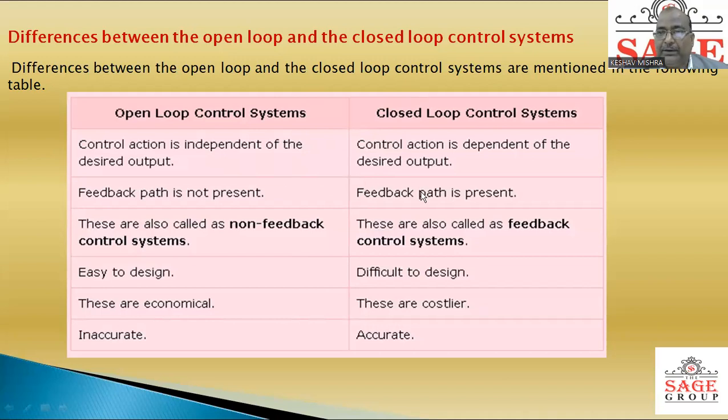It is present in the closed loop control system. Open loop systems are easy to design and construct, but closed loop systems are difficult to construct and design. Open loop systems are inaccurate because they cannot take any corrective action. Compared to open loop, the closed loop system is an accurate system.